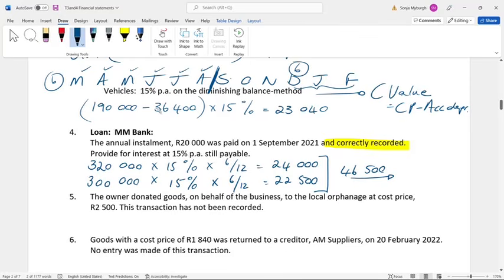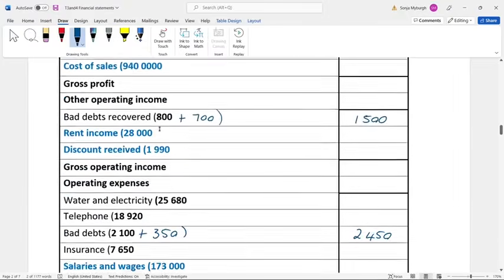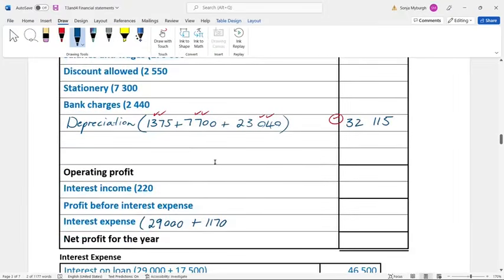Now if we look on the pre-adjustment trial balance, we will see the amount for interest expense was only 29,000.